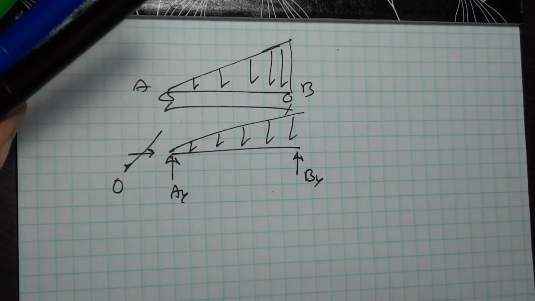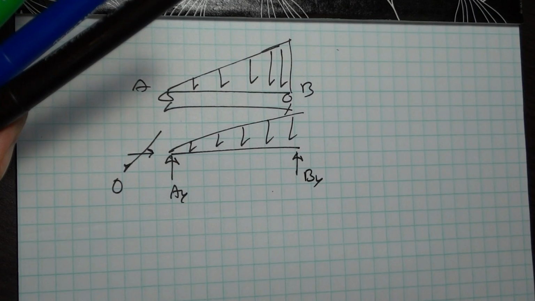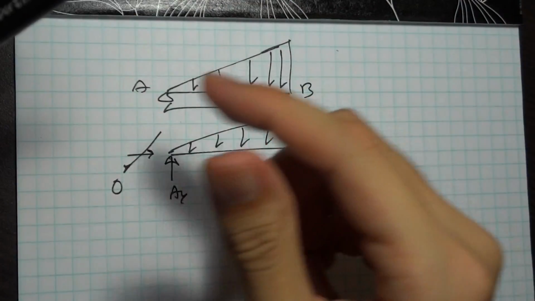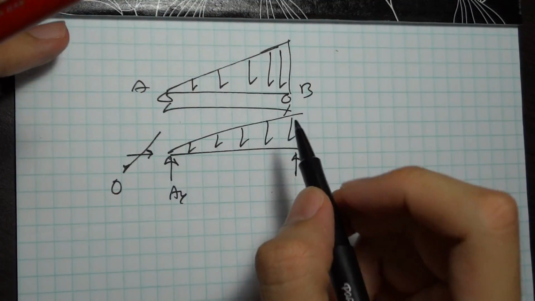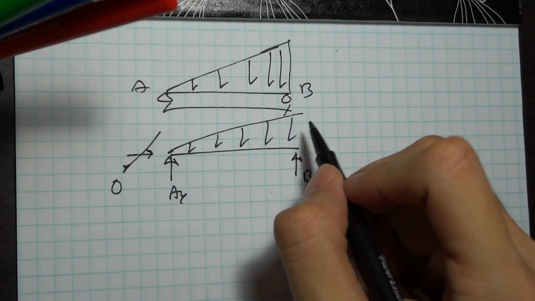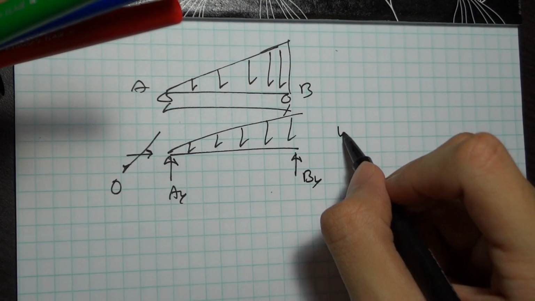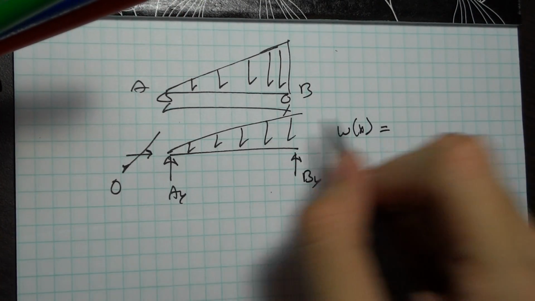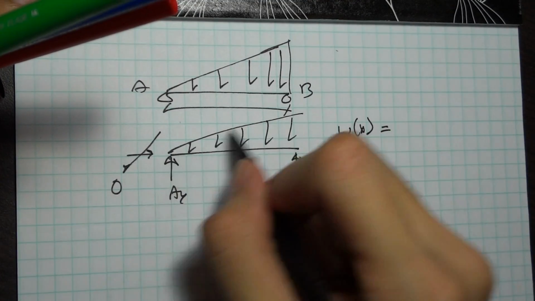Your reactions. So you see your reactions, you're going to want to look at your thing here. Your equation for W is now a function of x. It's no longer constant, right? Because this is a line.